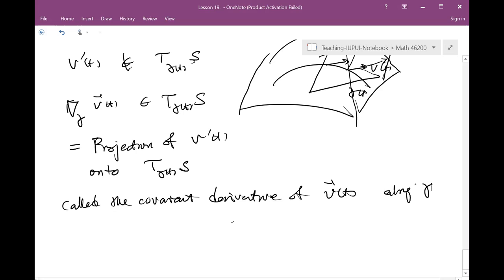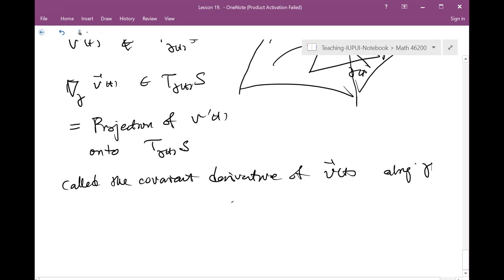But what you see is still the projection of this vector onto the three-dimensional universe. That's why when you differentiate, you still get a new object in three-dimensional space.